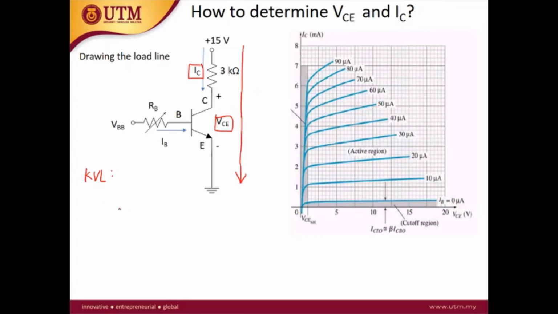So let's do the KVL. KVL is minus 15, and then plus the voltage drop at 3 kilo ohms, so IC times 3 kilo ohms, and then plus VCE.